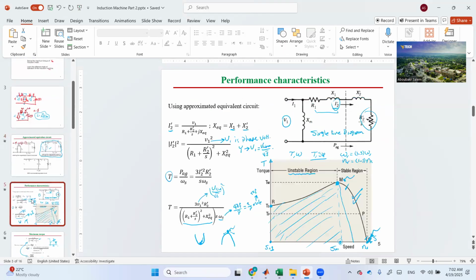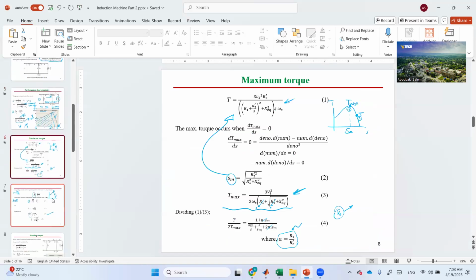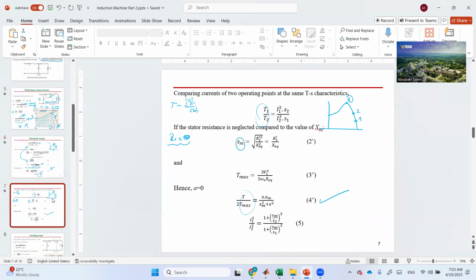Then we derived the torque speed characteristic of the induction motor, and we understood the operating regions, the stable region and the unstable region. And we discussed and simplified the meaning of stability. And then we derived some relations that are important to be used to solve the problems.